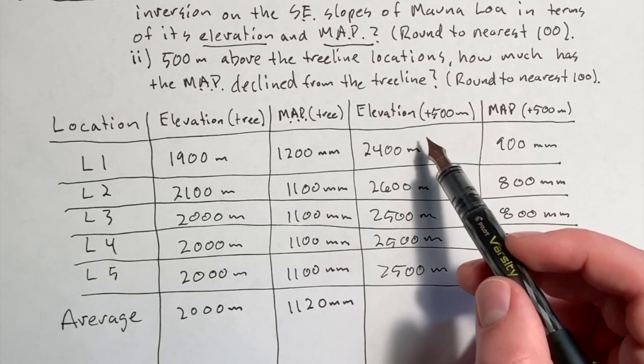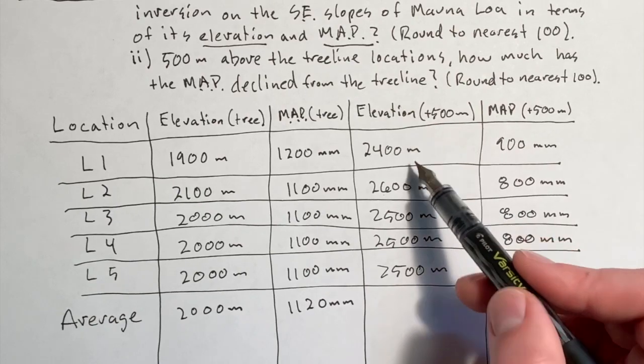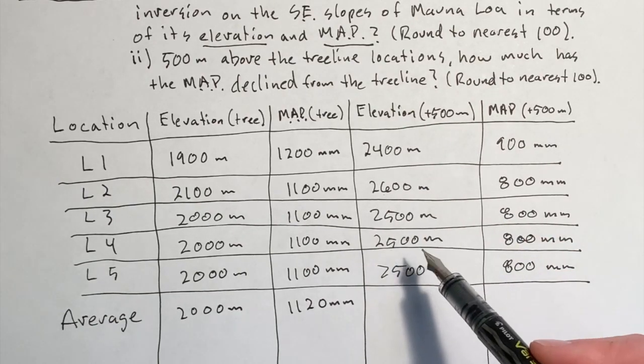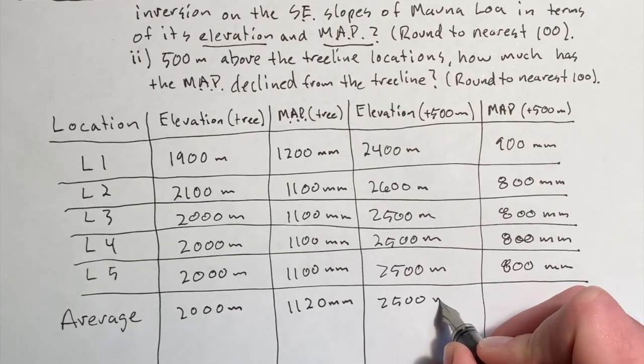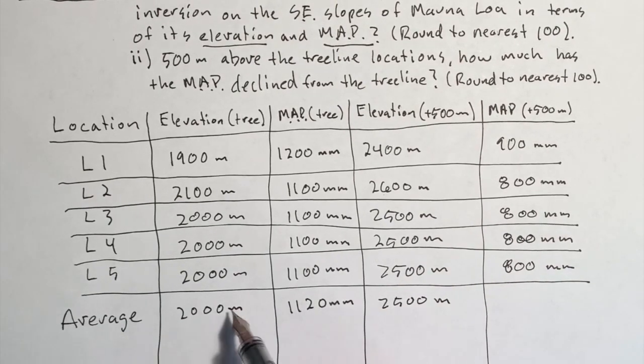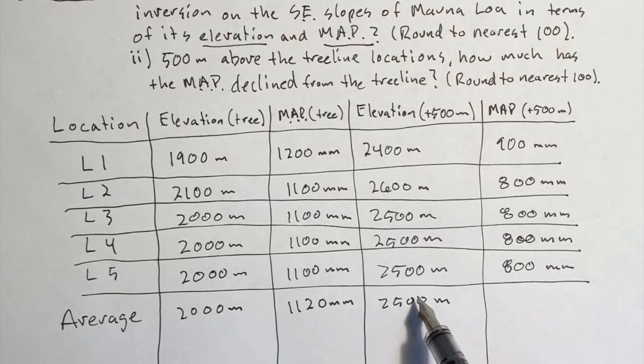Our elevation 500 meters above the tree line, that average elevation comes out to 2500 meters, which makes sense because our average here is 2000. So our average 500 meters above is going to be 2500 meters.